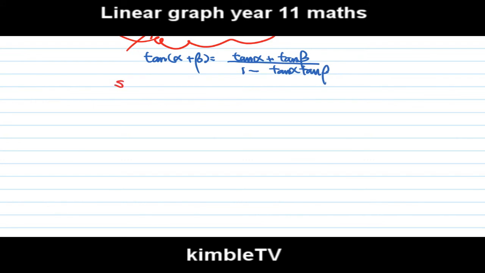Sine of alpha plus beta equals sine alpha cos beta plus cos alpha sine beta.